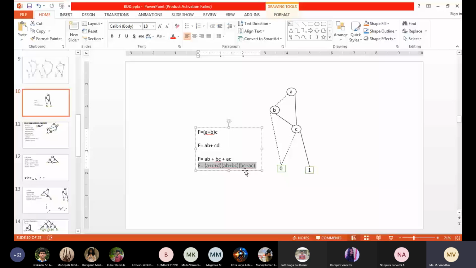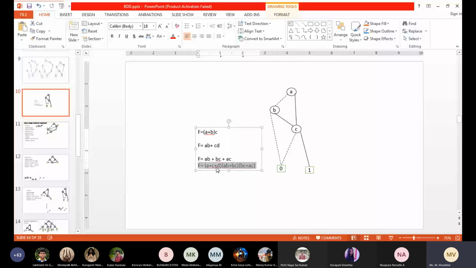So next week you have an exam. After the exam, I want you to solve this problem using the reduce algorithm and the other one, Shannon's expansion. Solve this final expression.